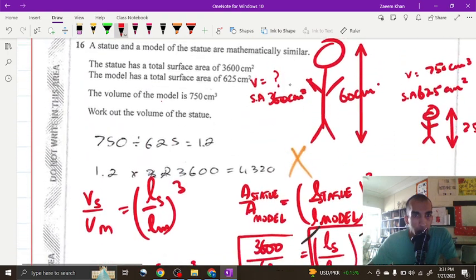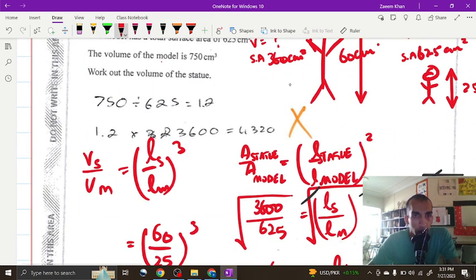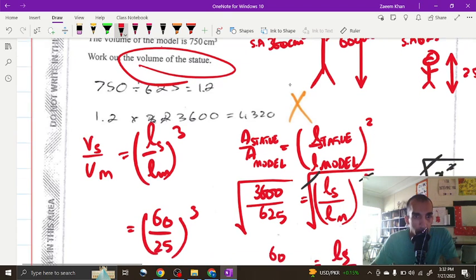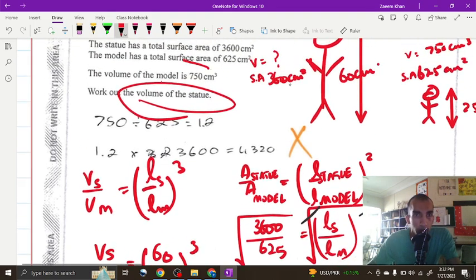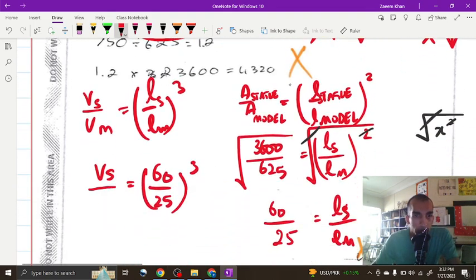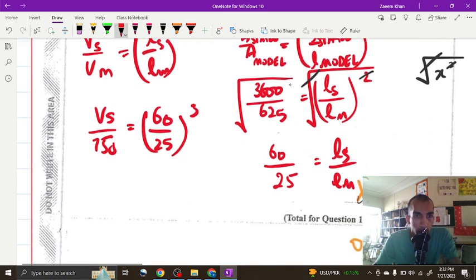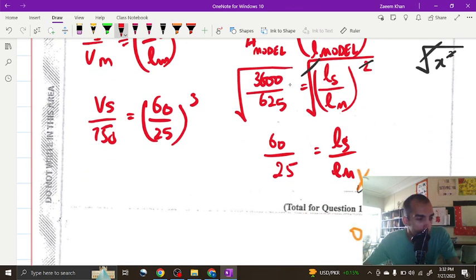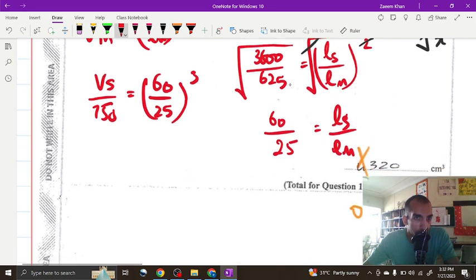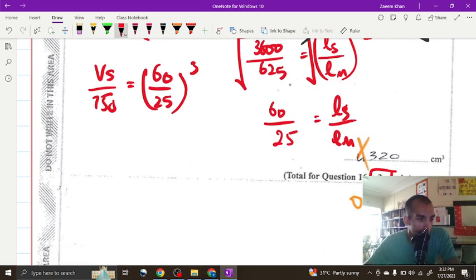VS? Just VS. And VM? 750. I'll do the calculator bit for you, but before I do that, what would I do to make VS the subject?